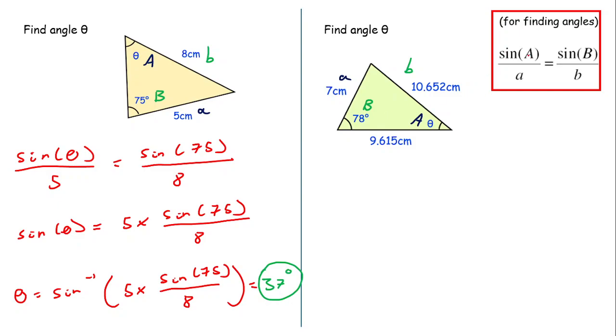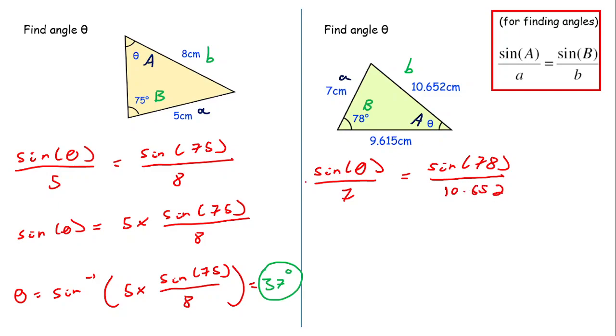So sine of the angle A is theta, again, which is what I'm trying to find. So sine of my angle theta over lowercase a is equal to 7, is equal to sine of the angle B, so sine 78 over side B, where B is 10.652.